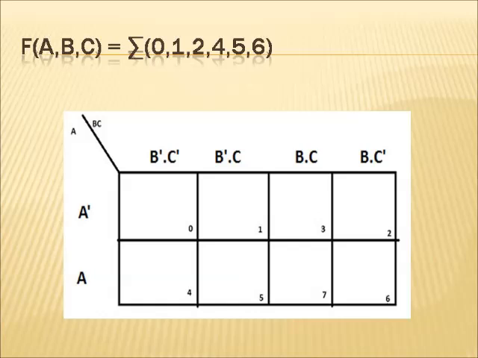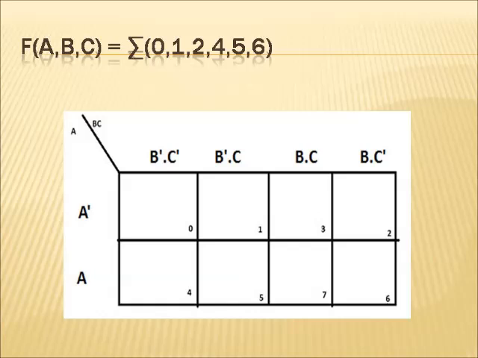So our question is f of ABC is equal to sigma of 0, 1, 2, 4, 5, 6. So this is an SOP expression, that is sum of products as an expression, right? So you can see the three variable K-map.